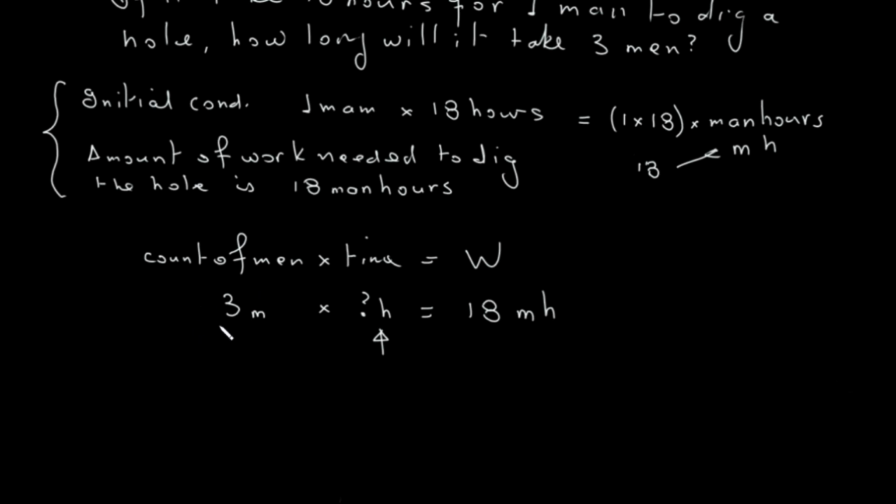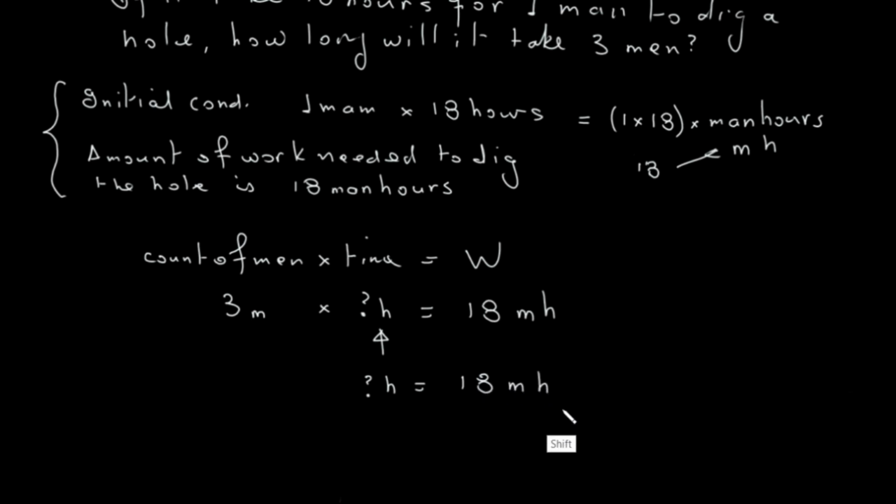Want to take that over the other side because you want this to be on its own, so we need to get rid of that. What is influencing that is multiply. Take it over the other side, and the action is the reverse of this. The reverse of multiply is divide. So we have question mark hours equals 18 man hours.